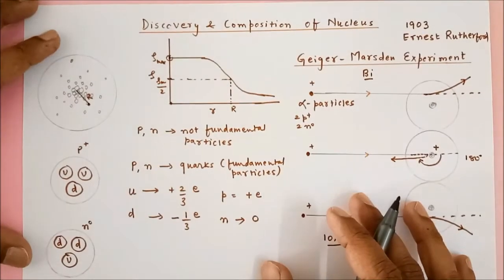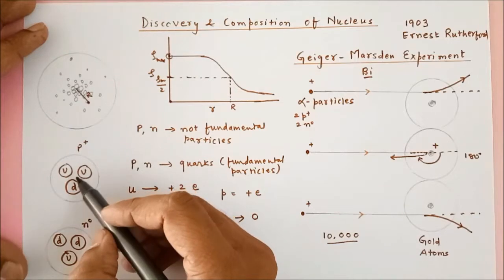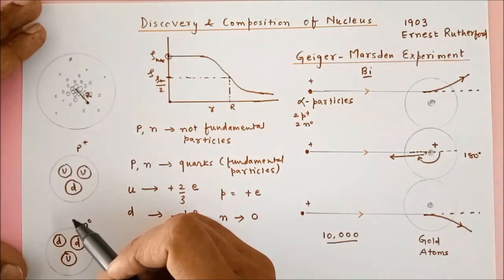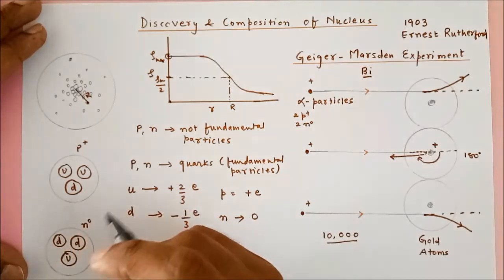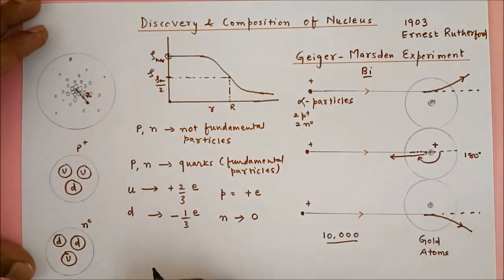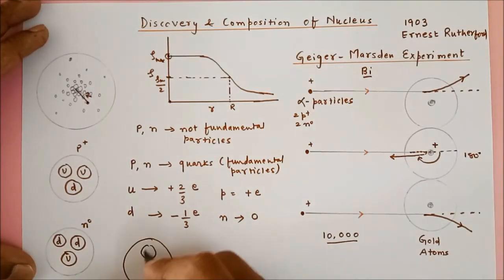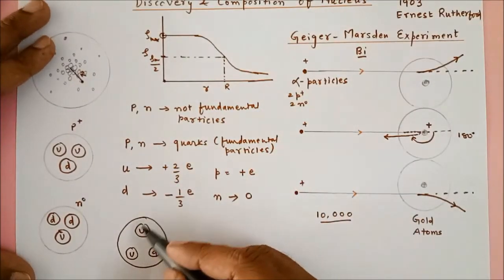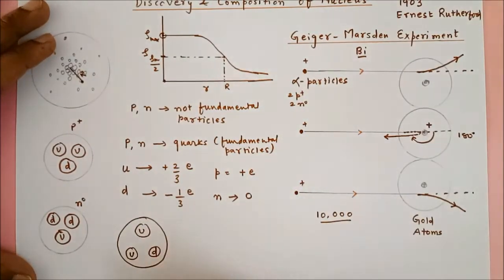Okay, fine. Now actually what holds these 3 quarks together in a proton or neutron are still smaller particles called gluons. So if you talk about a single proton, it is made up of 3 quarks, U, U and D. Now there are some kind of particles which are continuously being exchanged between these 3 quarks.